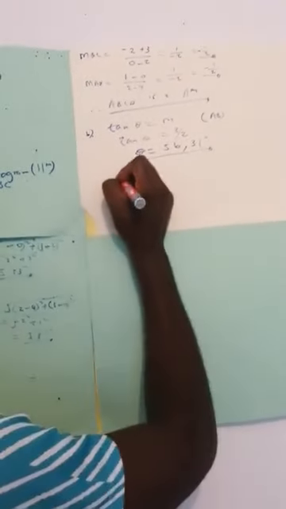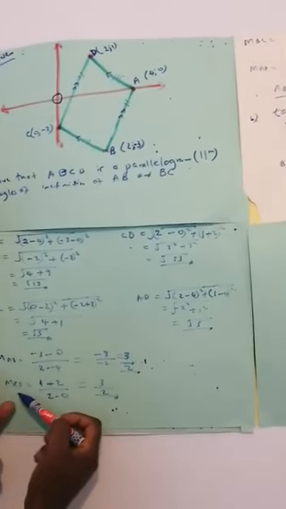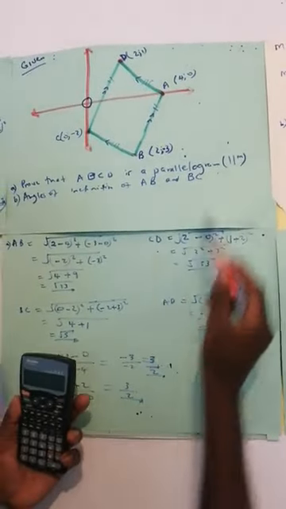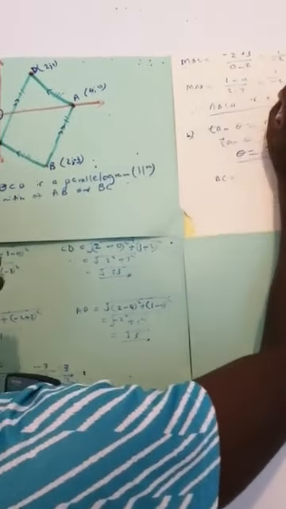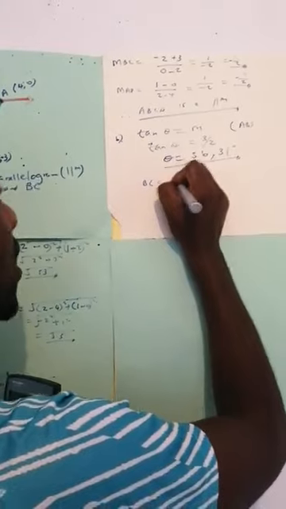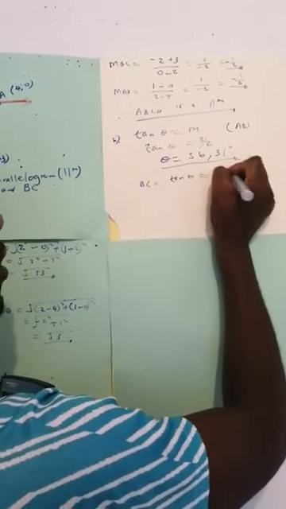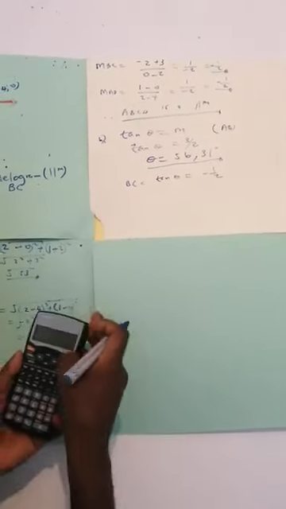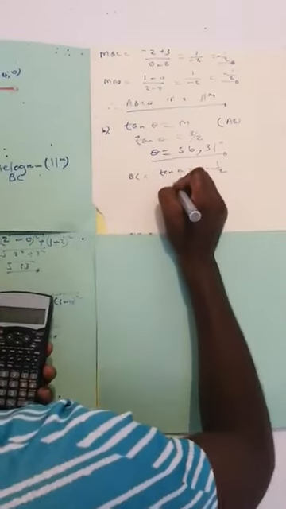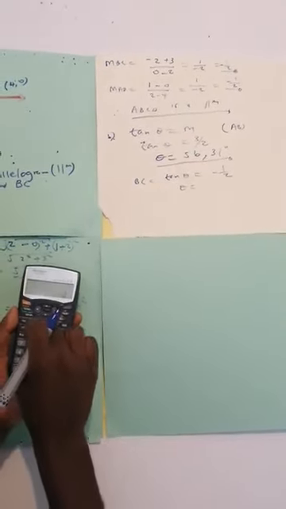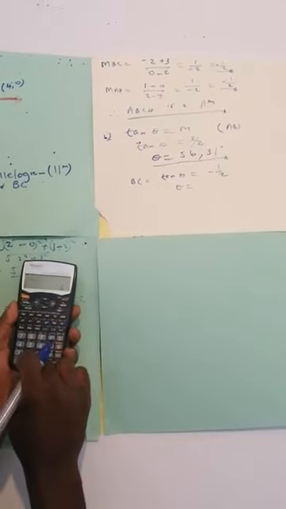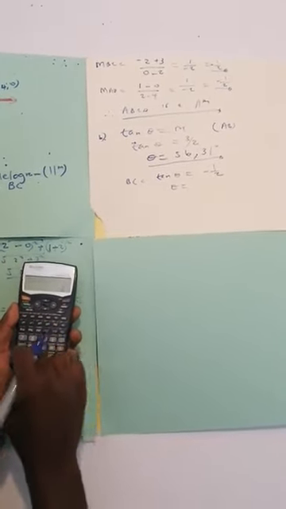Then the one for BC. For BC, what was the gradient? It was -1/2. We'll say tan theta is equal to -1/2. And then angle theta, we'll say second function tan of -1 divided by 2.